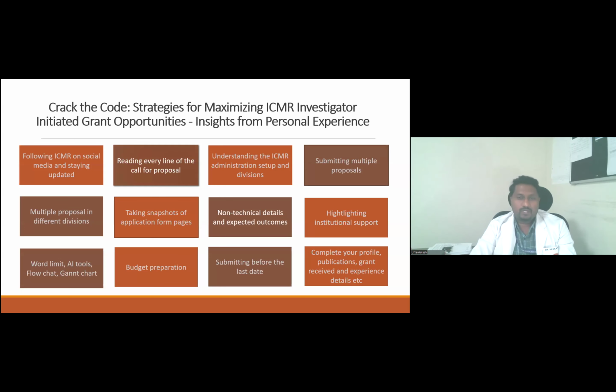Then complete your research profile. If you create an account in the EPMS of ICMR, you complete your profile. People just upload the photograph and basic details and submit. No, actually, when this PDF is made, the PDF is sent to the reviewers, and it will come along with your complete profile, which includes the publications, grants received, experience details, everything.